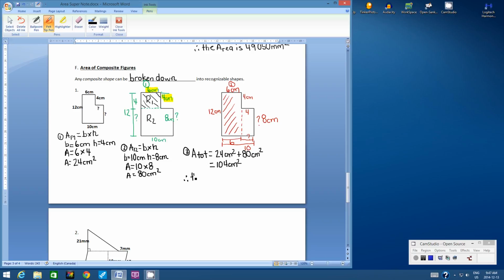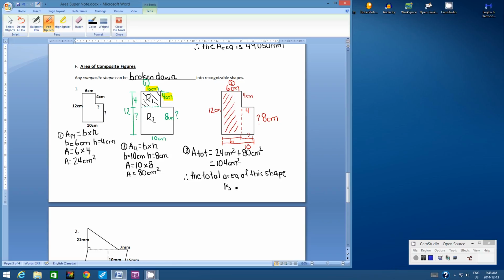Therefore, the total area of this shape or figure or whatever you want to call it is 104 centimeters squared.